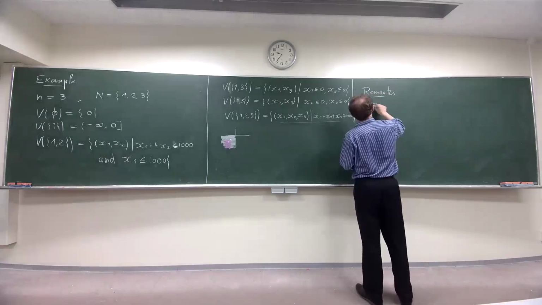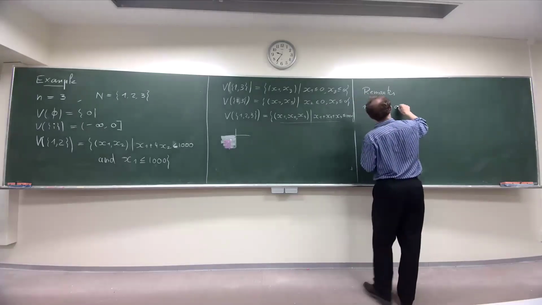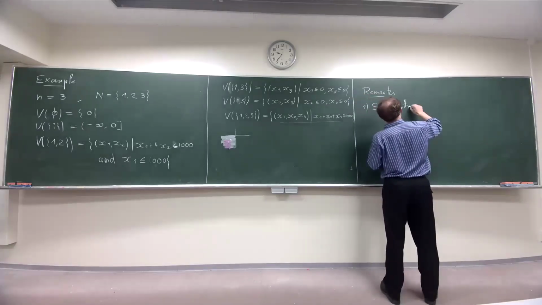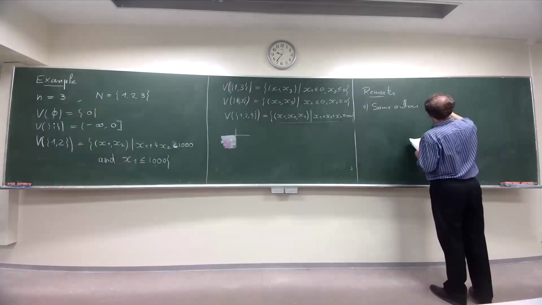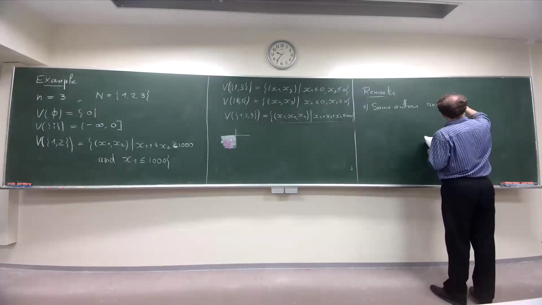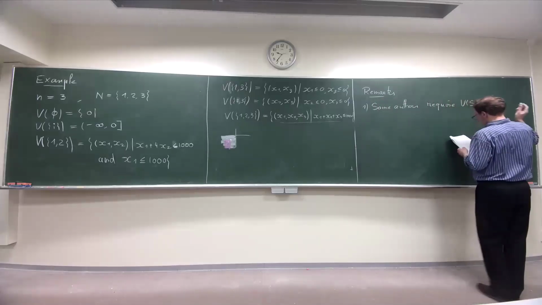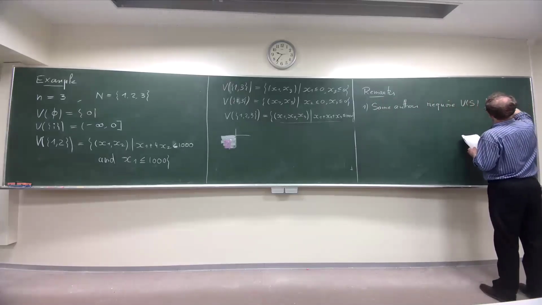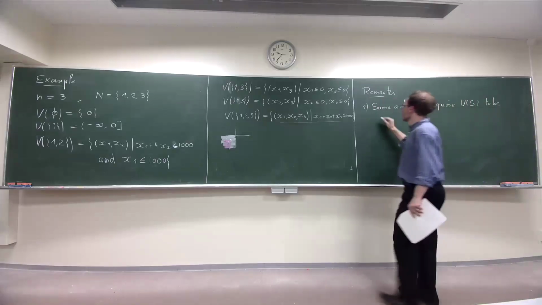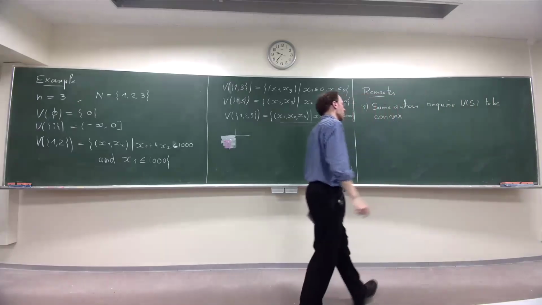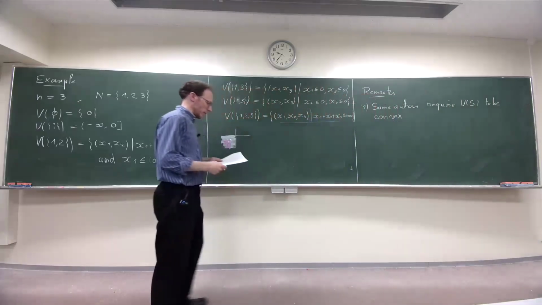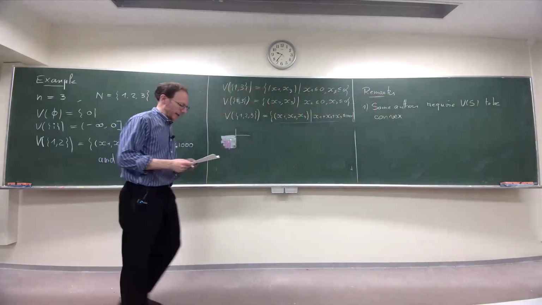The first one is that some authors impose, or require, V of S to be convex. In my definition, I don't assume it. If necessary, we can assume it later.